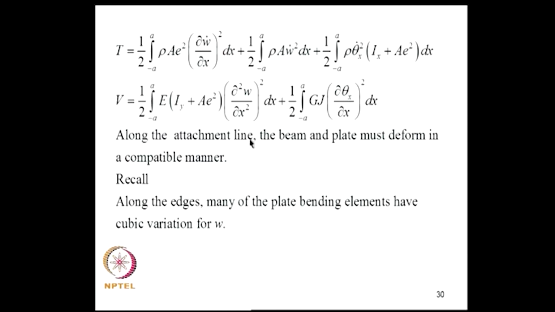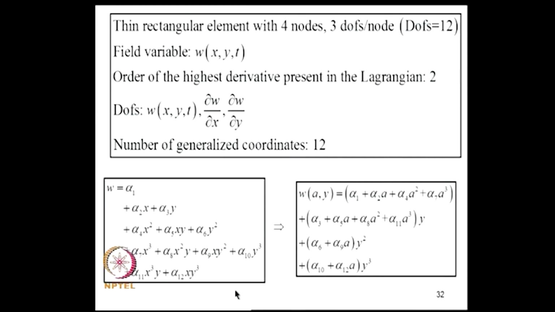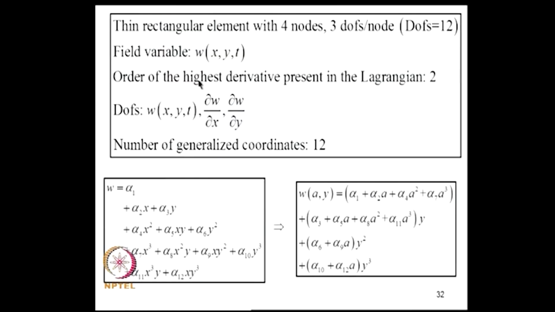As I already said, along the attachment line, the beam and plate must deform in a compatible manner. Now, if you recall, along the edges many of the plate bending elements have a cubic variation for W. If we consider this 4 noded thin plate element, we had this expression for strain energy, and the field variable in this expression is W, and the highest derivative present in the Lagrangian is 2.